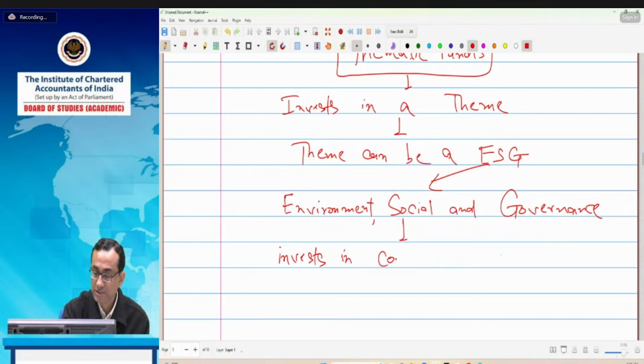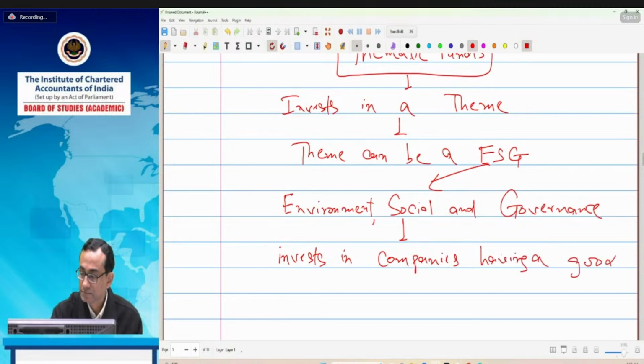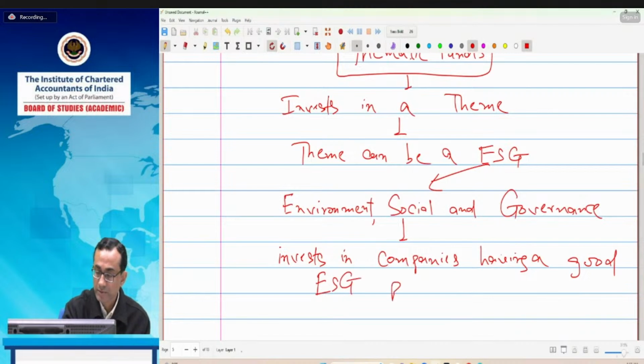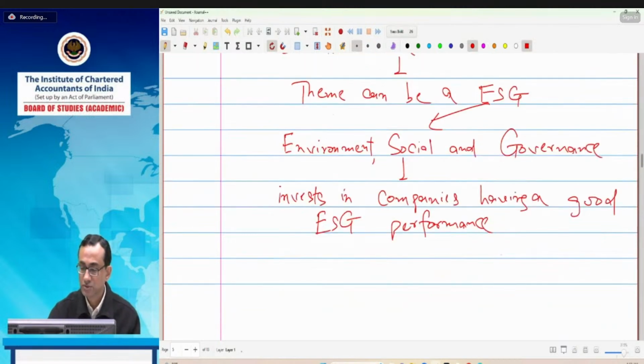Invest in companies having a good ESG performance. So it will cover a very large number of companies. It can cover a large number of sectors, for example, sectors which are performing well in ESG.